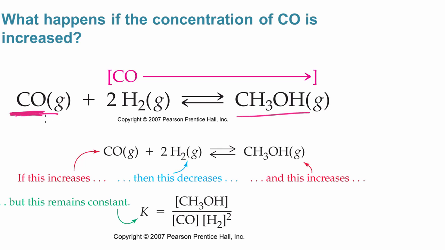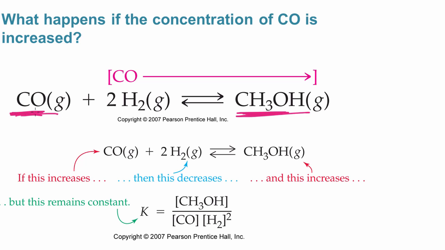I said it's going to shift in such a way as to remove that extra carbon monoxide. So it'll shift in such a way as to remove that extra reactant. So how is that going to happen? It's going to have to shift to the right to produce more methanol. Okay?